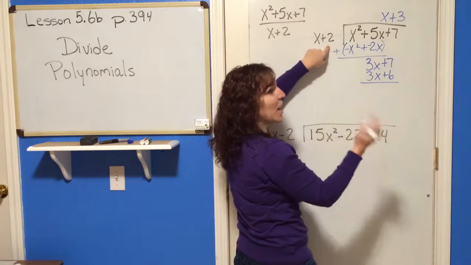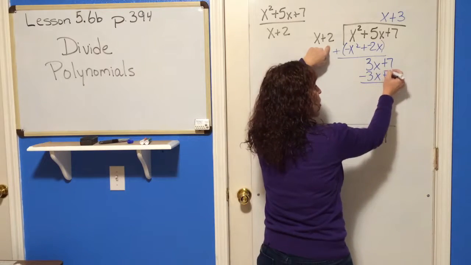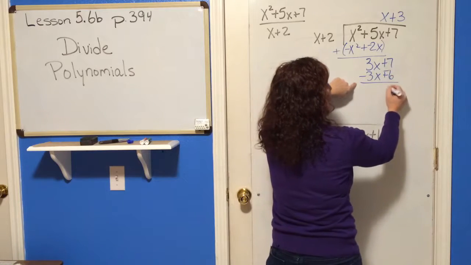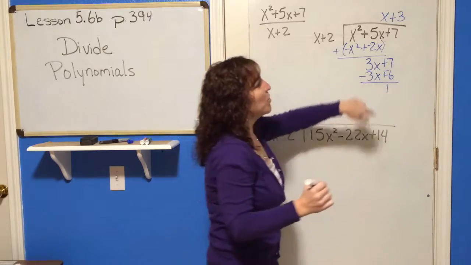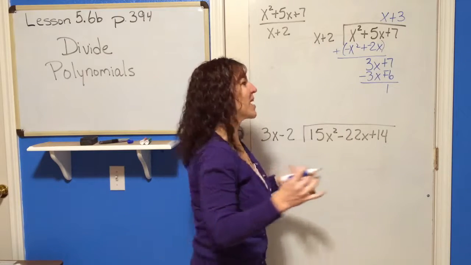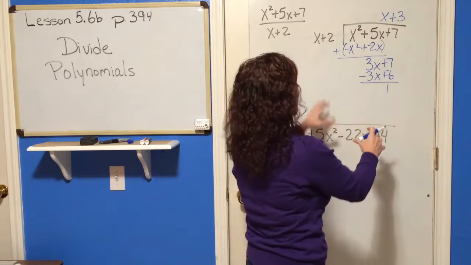So divide, multiply, now we subtract. When we subtract, we're going to change the sign on everything. And now this drops out. 7 minus 6 is 1. And remember, instead of just putting remainder 1, do you remember the next step up from that? We're going to create a fraction that's going to be the remainder of this.